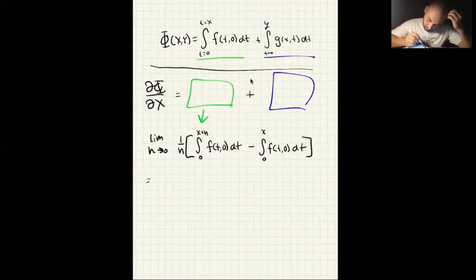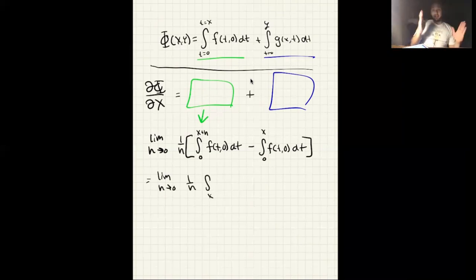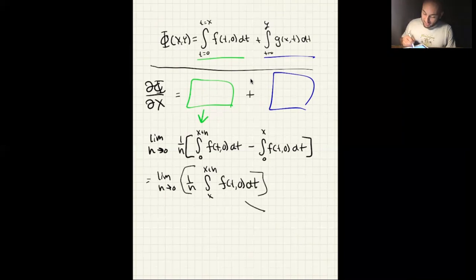Well, if you work out what this is in terms of integrals, this is the limit as h goes to 0 of 1 over h times the integral from x to x plus h of f(t, 0) dt. So essentially, this is the average value of f(t, 0) on the interval from x to x plus h.